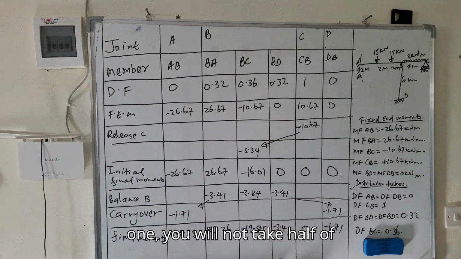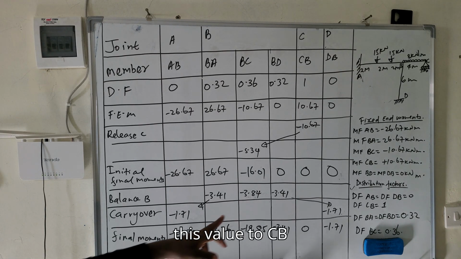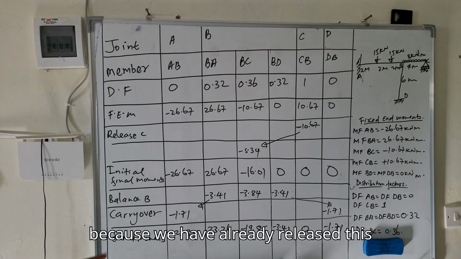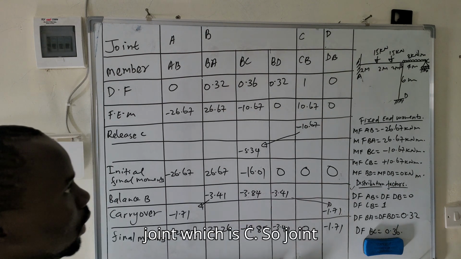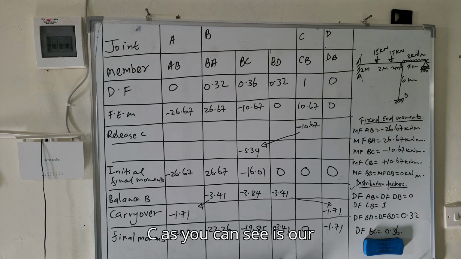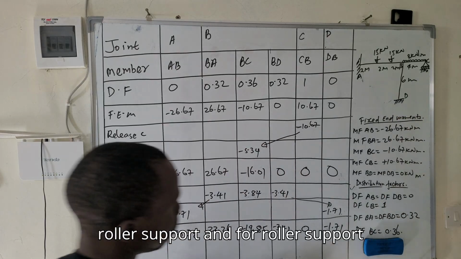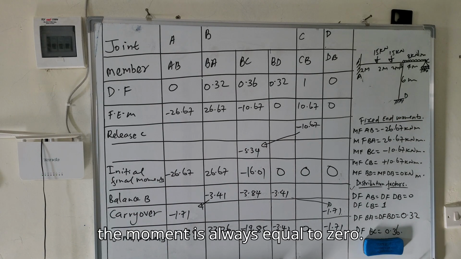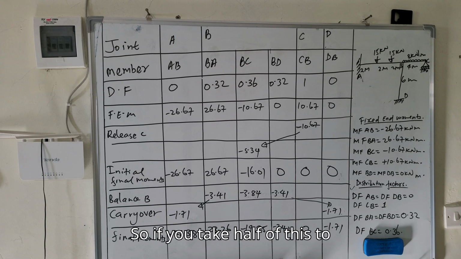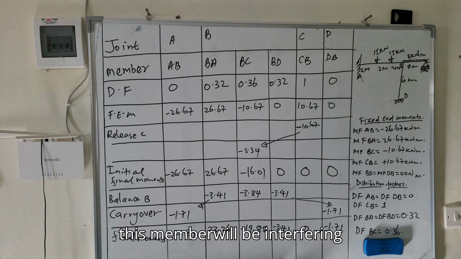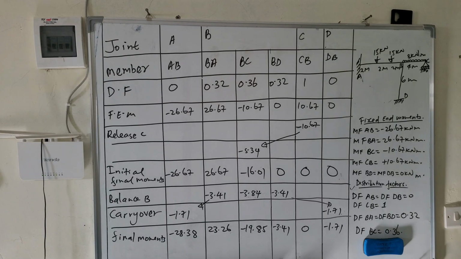For this one, you will not take half of this value to CB because you have already released this joint, which is C. Joint C is a roller support, and for a roller support, the moment is always equal to 0. If you take half of this to this member, you will be interfering with this moment, which is 0. So you just leave it like that.